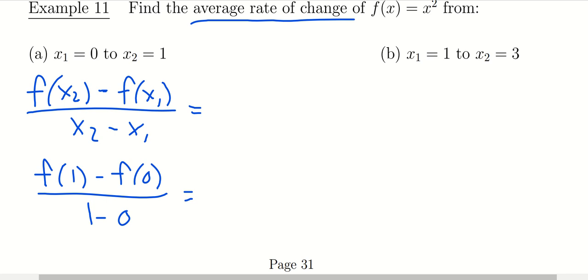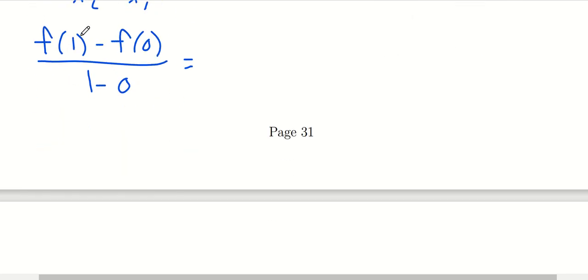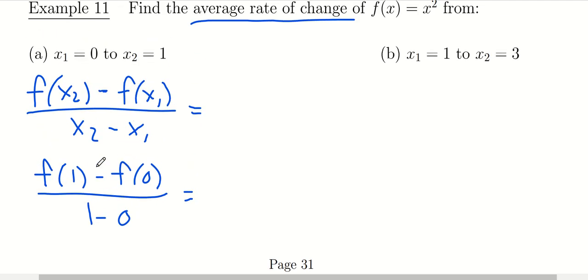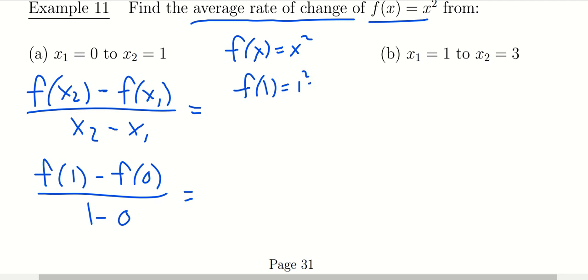Now in the numerator of this expression, that does involve some function evaluations. Anytime I do my average rate of change calculations, I always like to do those pieces off to the side. For this particular function, we have f of x equals x squared. If I plug 1 into the function, we're going to get 1.